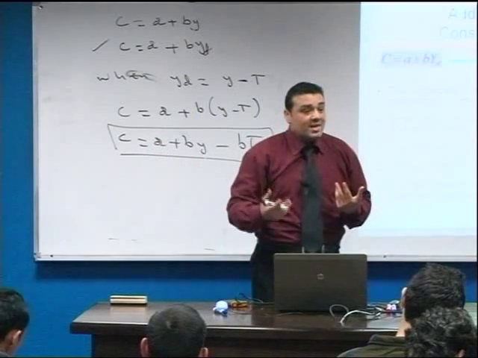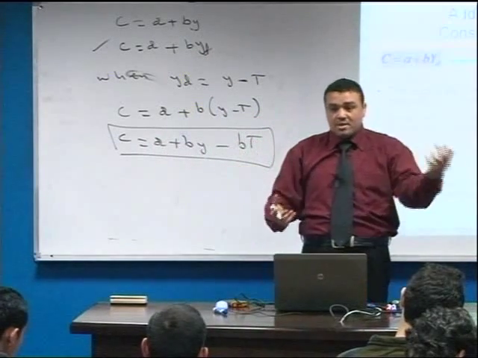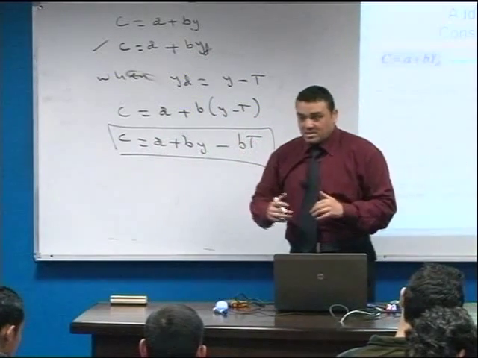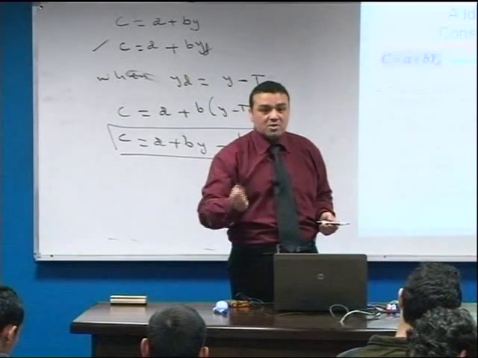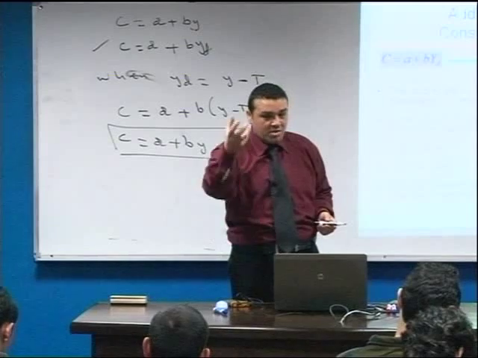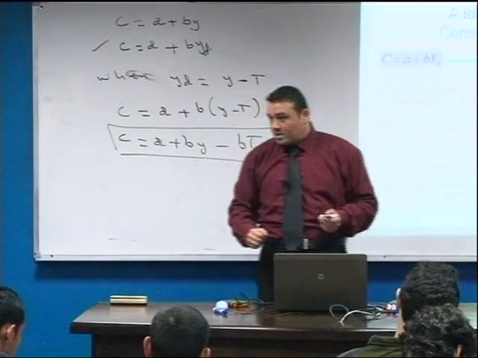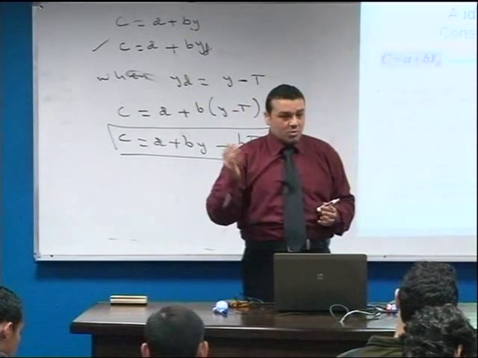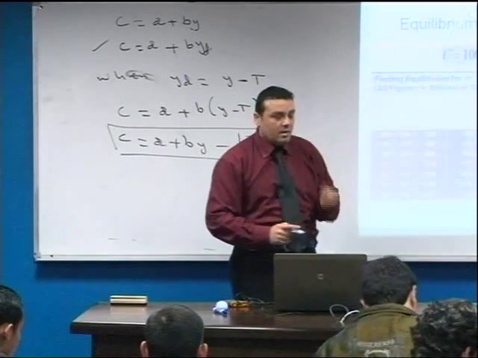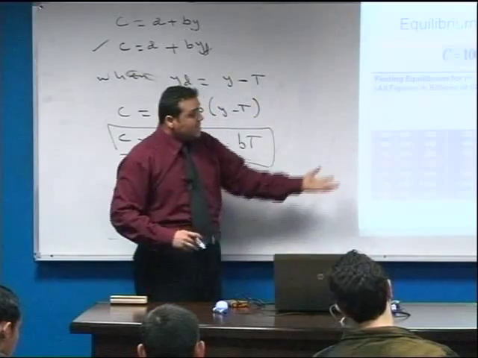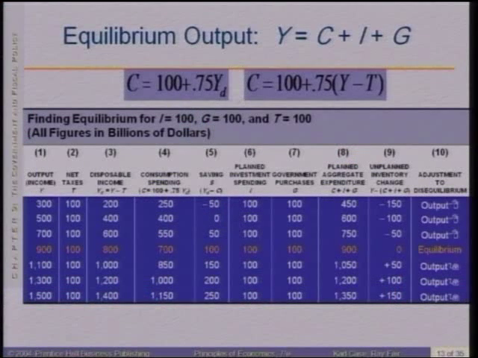There is a negative relationship between the interest rate and the planned investment. If the banks increase the interest rate, you would prefer to put your money in the banks, so the investment would decline. So there is a negative relationship between the interest rate and the planned investment. Let's go to this example.